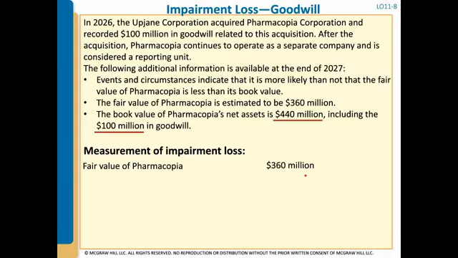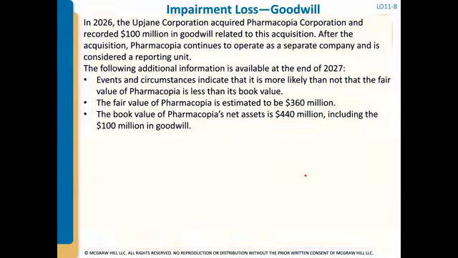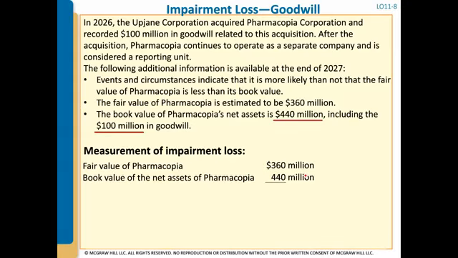We're told the fair value is $360 million. The book value is $440 million. Therefore, the fair value is less than the book value by $80 million. This $80 million is less than the $100 million that we have in goodwill, so we're going to record the entire $80 million.